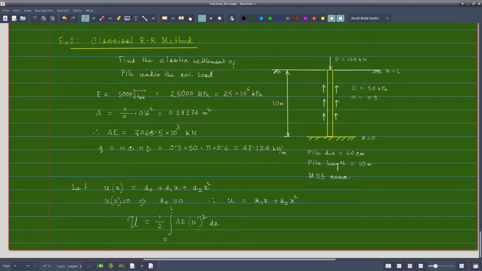Okay, this is my potential energy for axial deformation, and therefore now I can find out this by putting the value of u dashed. So what is my u dashed?